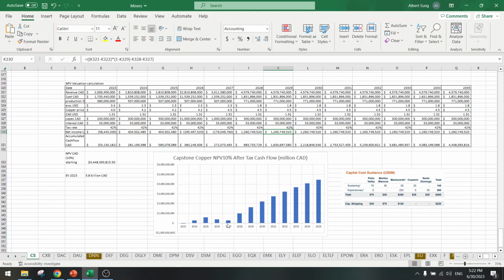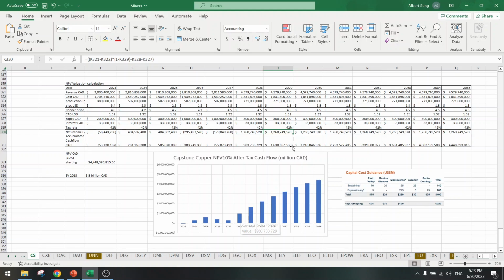But in the first 5 years, I don't think Capstone Copper will do anything at the current copper price. It's overvalued. So at 5.8 billion, nothing is going to happen, and only somewhere here, when they get Santo Domingo built, then the cash flows can start to come in.